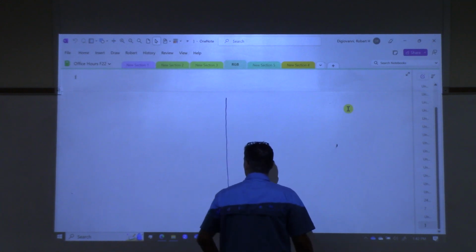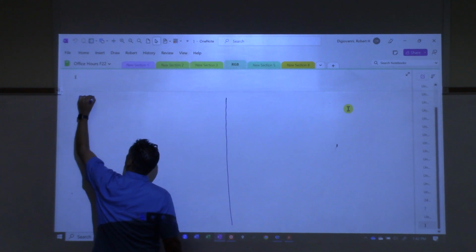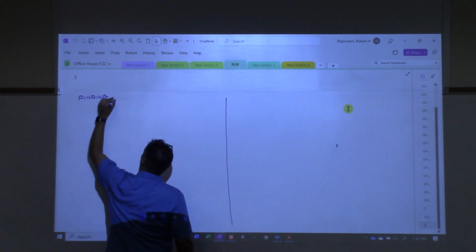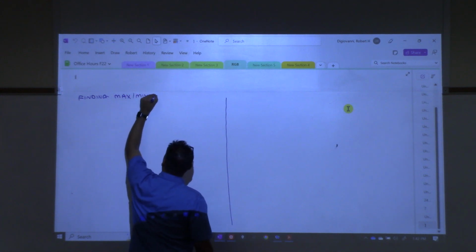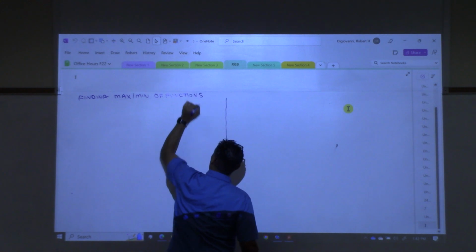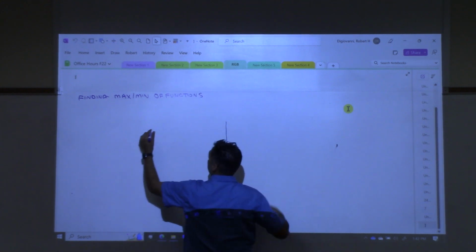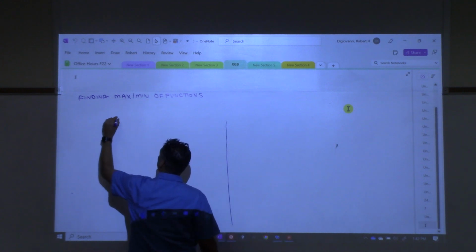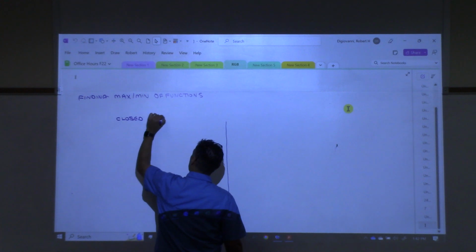Finding max and min of functions. Here are the two different scenarios. The first method is called the closed interval method.